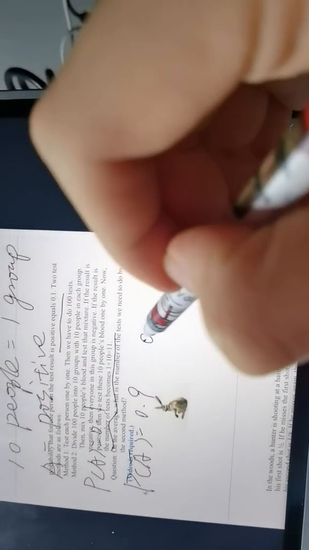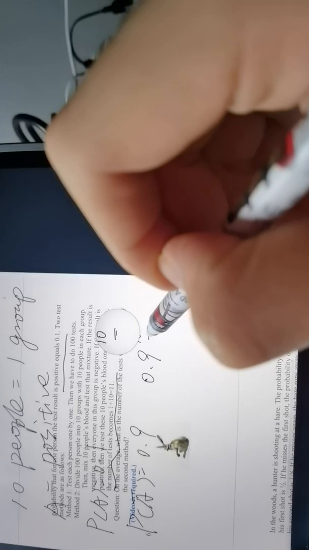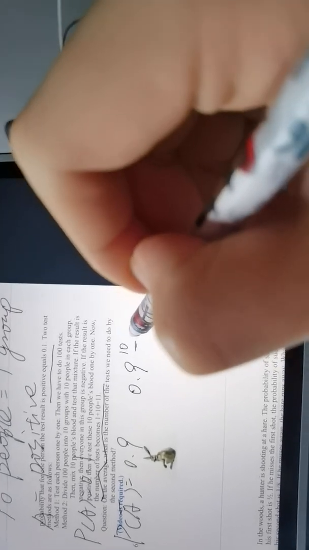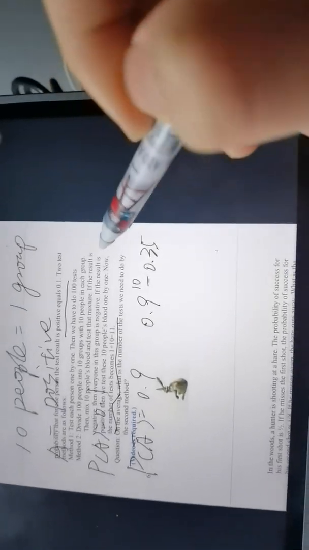So for 10 people, the probability that all are negative is 0.9 to the power of 10. It equals around 0.35. I calculated it by the calculator before.